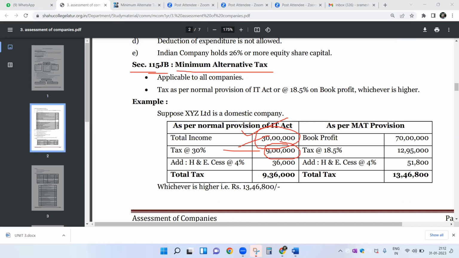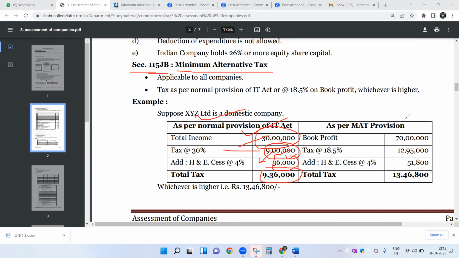On 9 lakhs, 4% health and education cess is 36,000. So totally 9 lakh 36,000 is the tax the company has to pay as per normal provisions of the Income Tax Act.